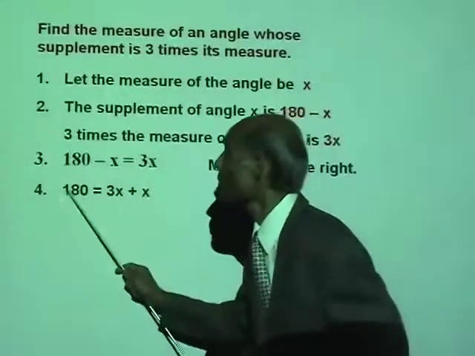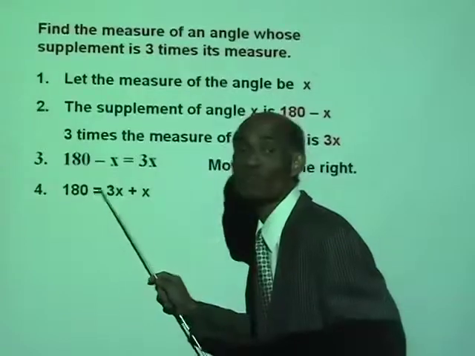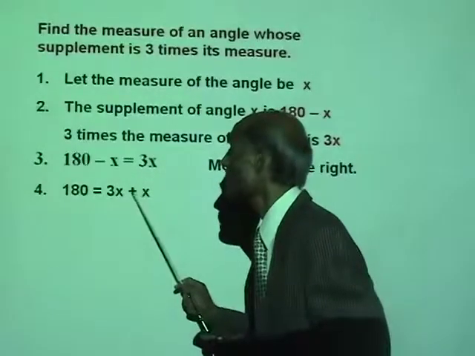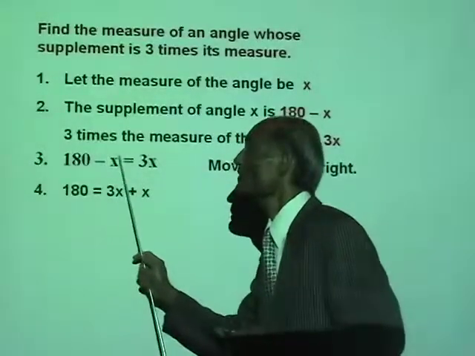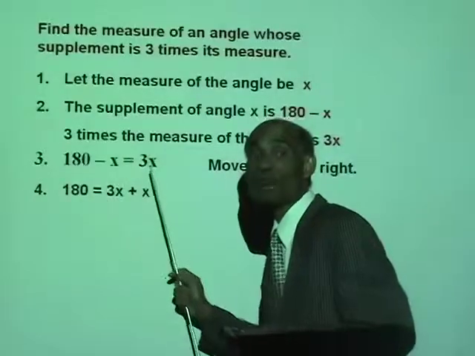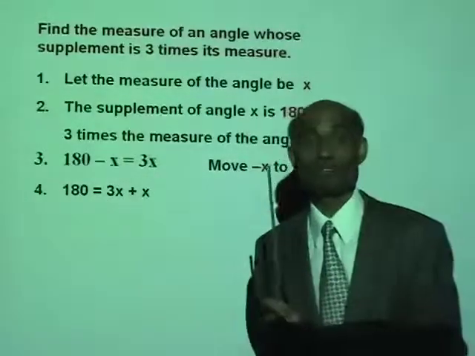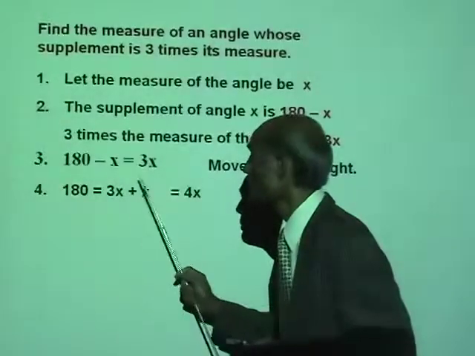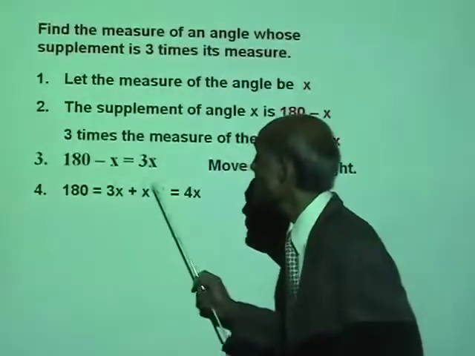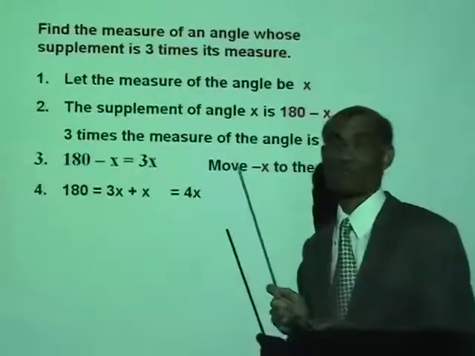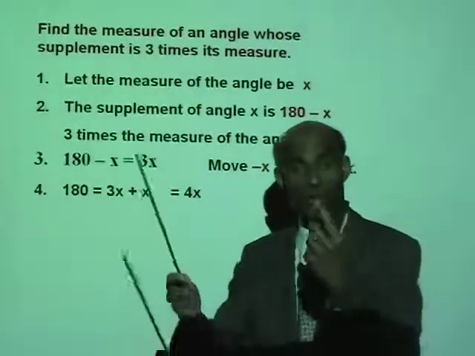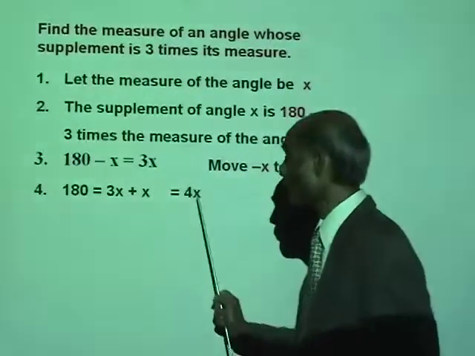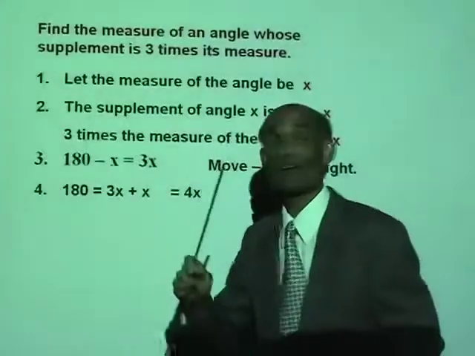That gives me 180 equal to 3x plus x. The negative x moving from left to right becomes positive x. Alright, combine the terms on the right. You get 180 equal to 4x. Or you can write it the other way around if you want: 4x equal to 180.